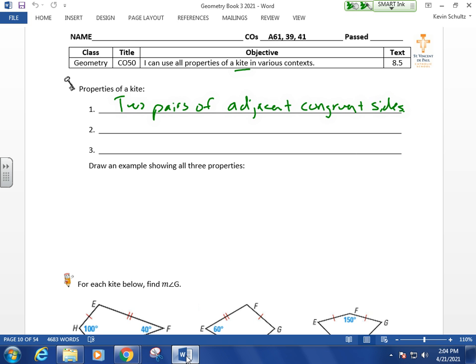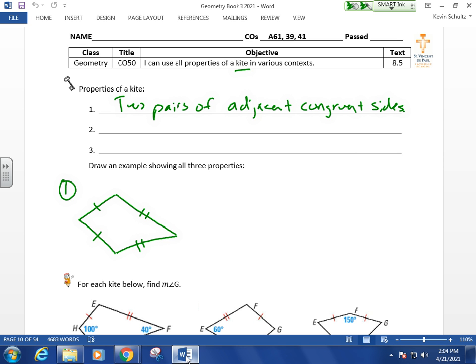A kite has 2 pairs of adjacent congruent sides. So an example of this first characteristic, let's draw our kite like that. The pairs of adjacent congruent sides, 1 pair and 2 pairs.